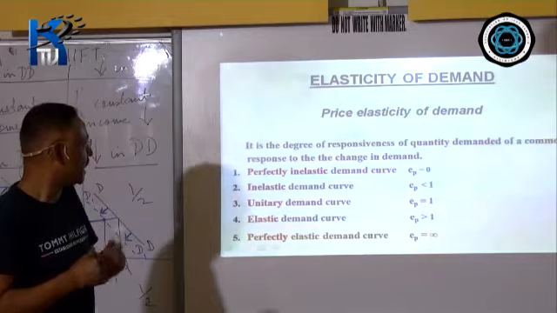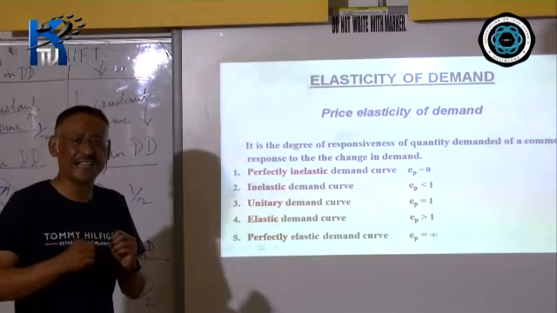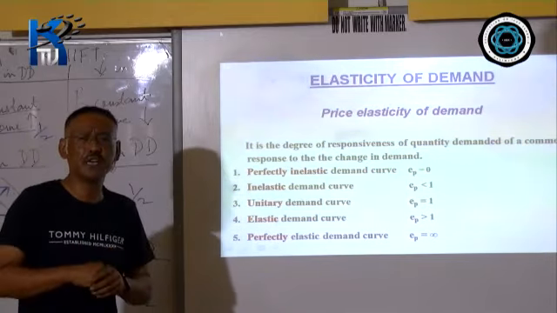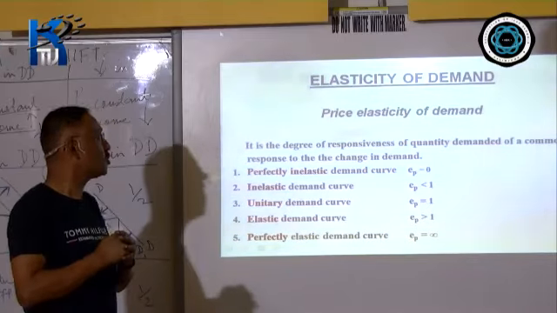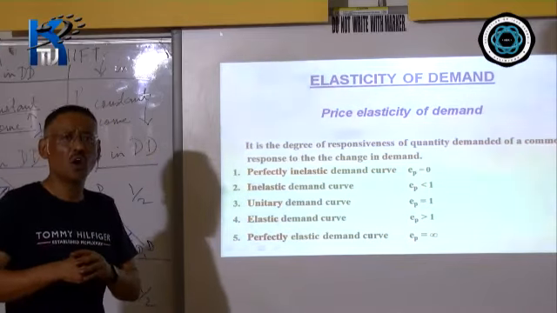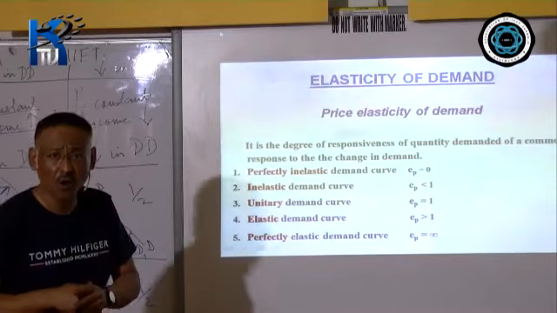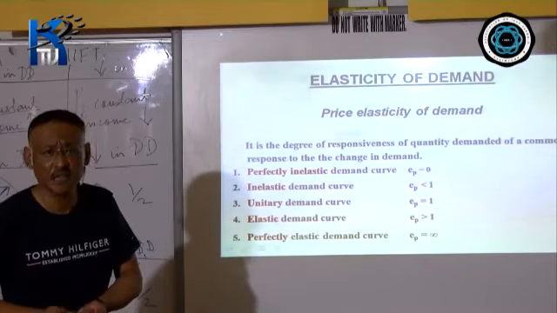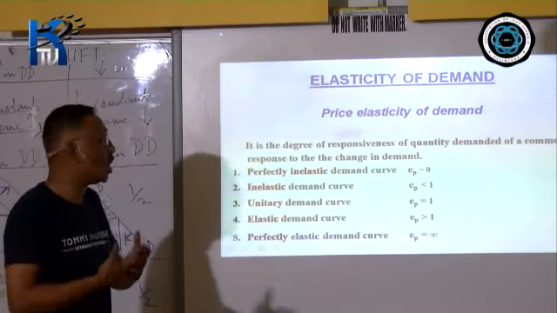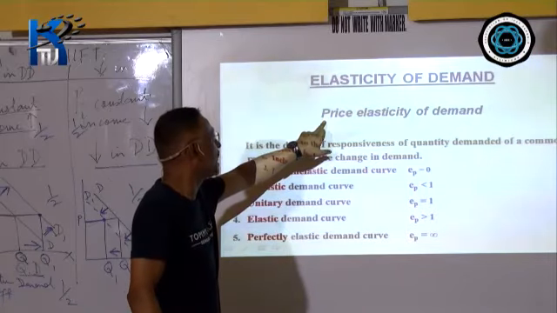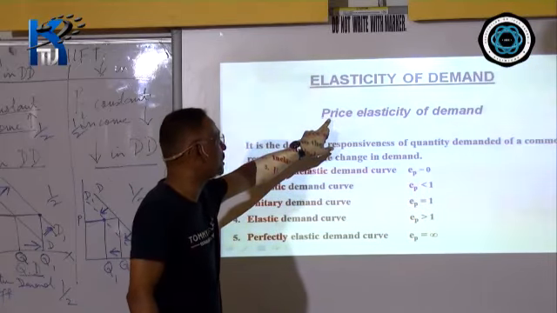For example, if the price increases by 10%, then the quantity demanded may also decrease by 10%, or it may decrease by 50%, or there may not be any decrease in the quantity demanded. How much will the demand change when there is a change in the price?